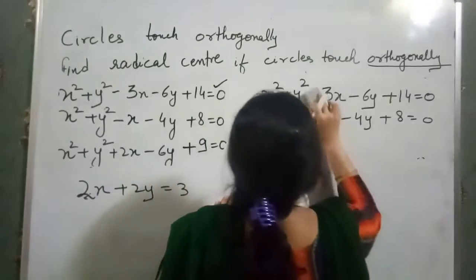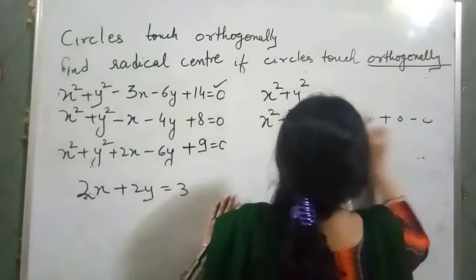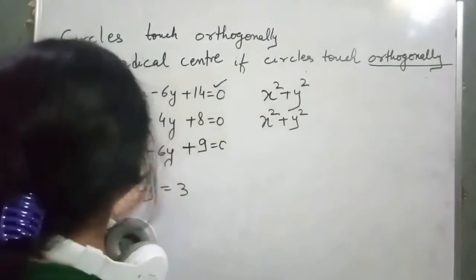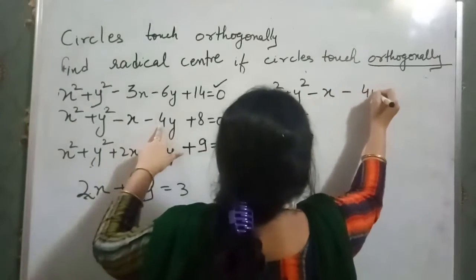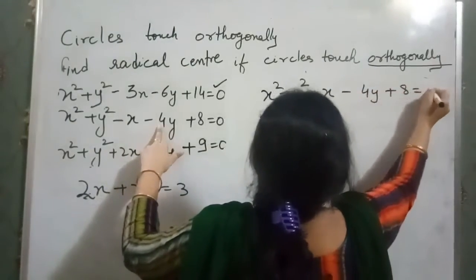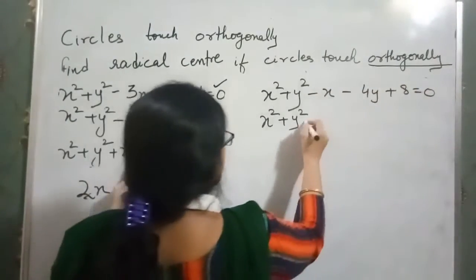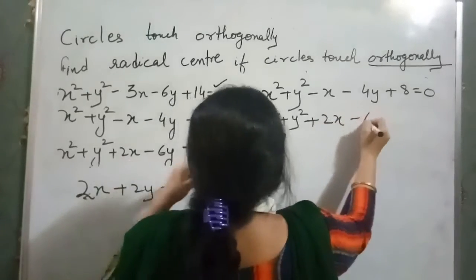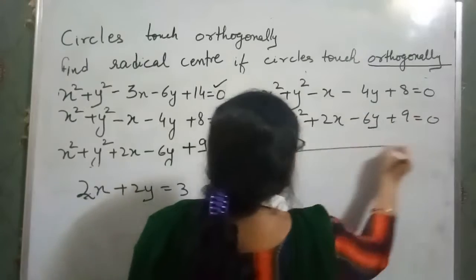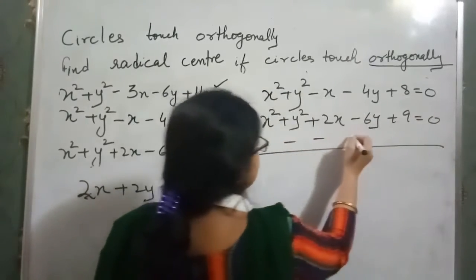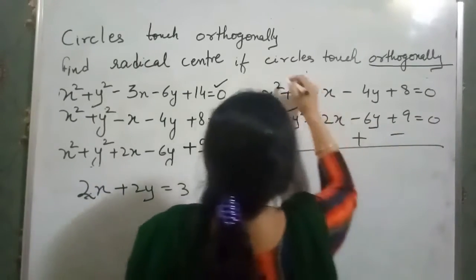Okay, so I take the second and third one. That is x square plus y square minus x minus 4y plus 8 is equal to 0, and x square plus y square plus 2x minus 6y plus 9 is equal to 0. Now just change the signs. They get cancelled.